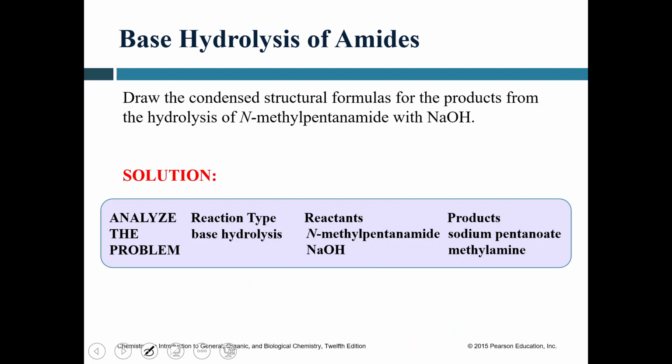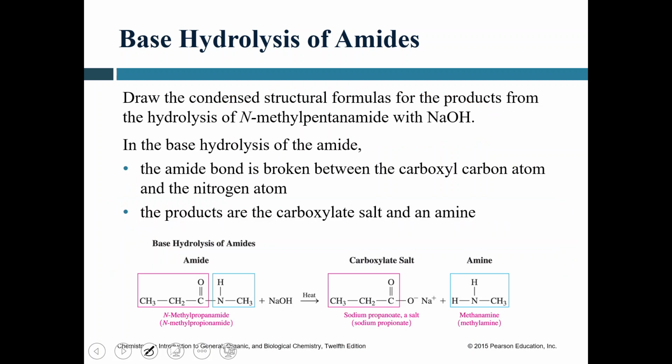So let's take a look at the reaction. We're hydrolyzing N-methylpentanamide with sodium hydroxide. So this is N-methylpropanamide, which, if they use pentanamide, it's a mistake. There should be 5 carbons, but okay.